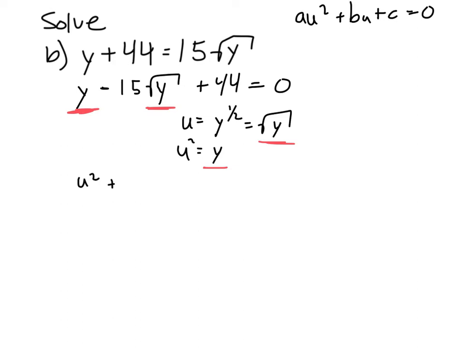And then I'm going to have, oops, not plus, but minus 15u, right? Because square root of y is u. And then plus 44 equals 0. Okay, so now I just need to factor this.